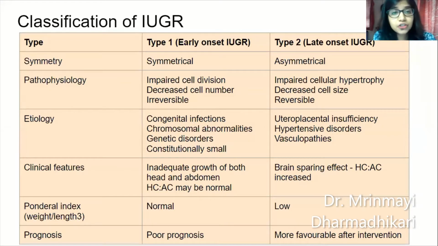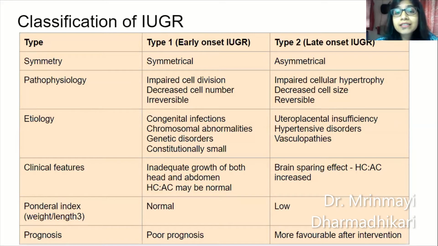Coming to classification of intrauterine growth restriction. We have 2 types, type 1, which is the early onset IUGR, and type 2, which is late onset IUGR. Type 1 is the symmetrical type. Type 2 is the asymmetrical type. Pathophysiology: type 1 or the early onset IUGR affects the phase of hyperplasia.